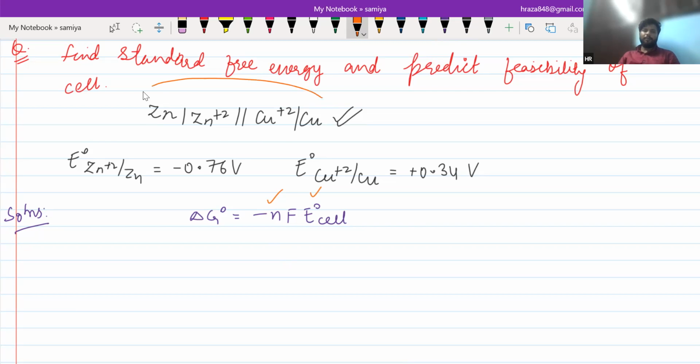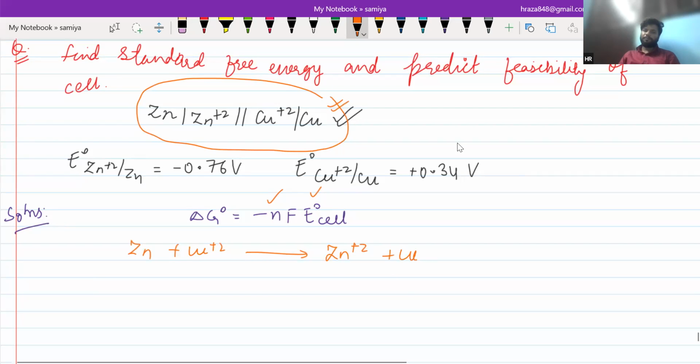So first of all, can you write the reaction of this as I have already taught you? If you write the reaction, it will be Zn plus Cu plus 2 gives Zn plus 2 plus Cu. So you can see 0 to plus 2, that means n is equal to 2.